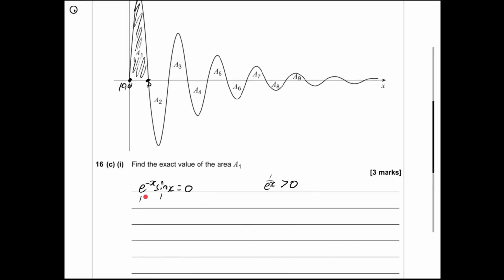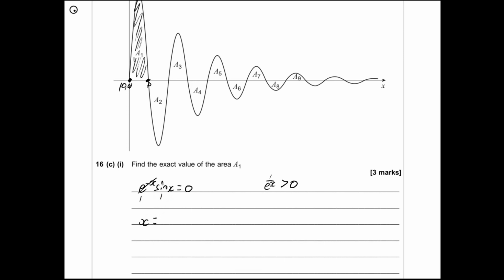So that means we can divide by e to the minus x and basically only focus on sine x. So we divide by e to the minus x, and it just disappears in the end. So now focus on sine x equals 0.